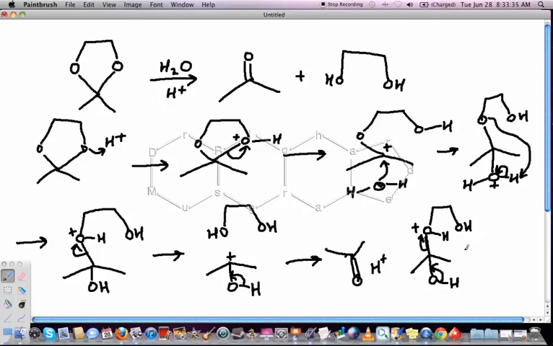And then that will give us the same products. So we'll get the ketone, we'll get our H plus back at the end, and we'll get our diol as well. So what I'm talking about is from here you can either do it in 2 steps, or from here you can do it in 1 step and get the products that way.